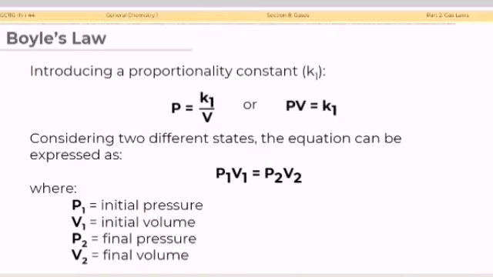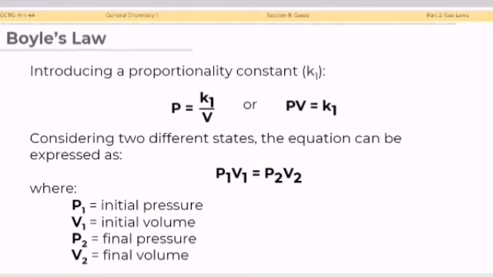Introducing a proportionality constant, we have P equals k1 over V, or PV equals the proportionality constant k1.